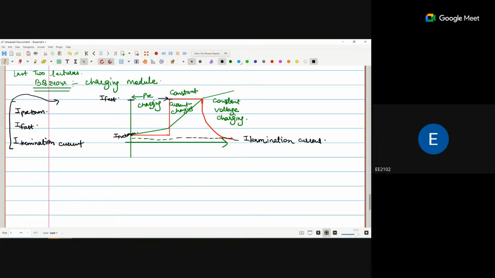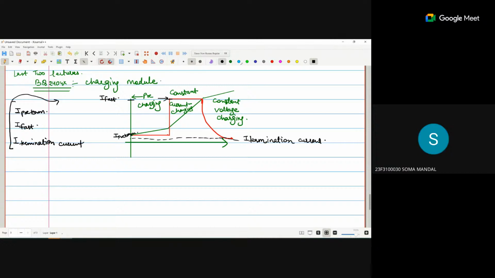How we calculate the parameter values. Only calculation, not a remembering thing. How we calculate the parameters, you have to understand in this week 9.